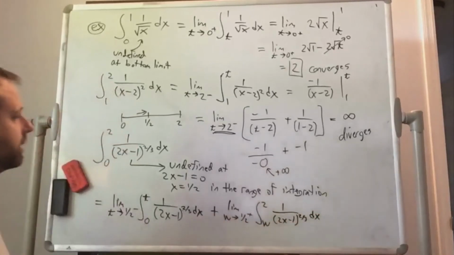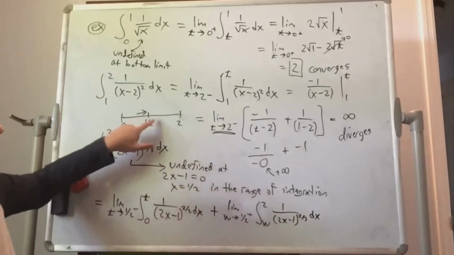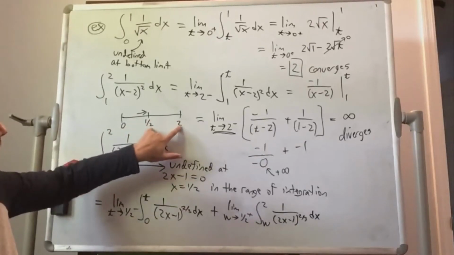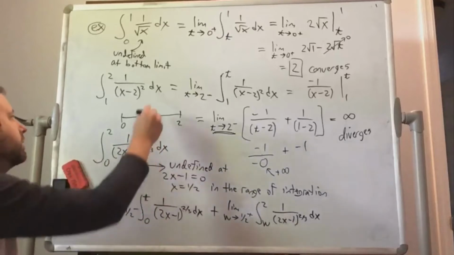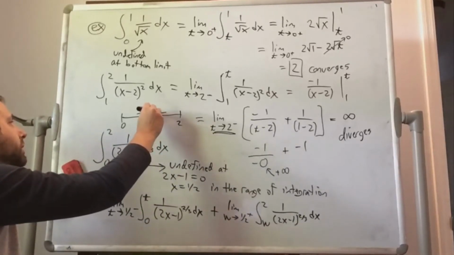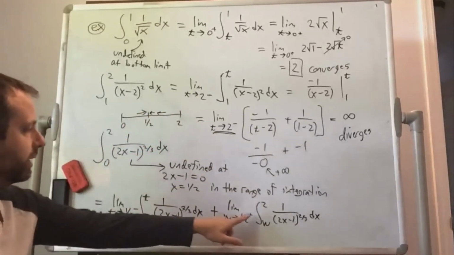Let's just double check the direction. If I'm going from 1/2 to 2, that's my range, then my limit is going to be approaching on this range, so therefore it's coming from this direction, and that is from the right.